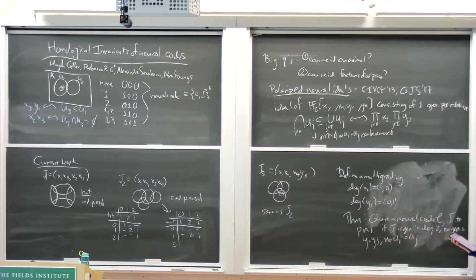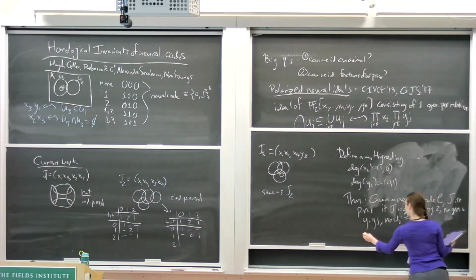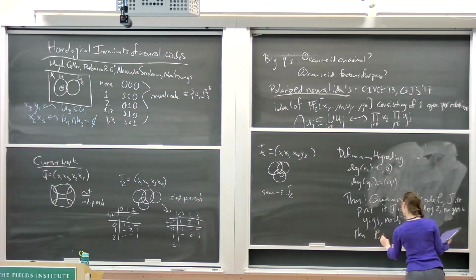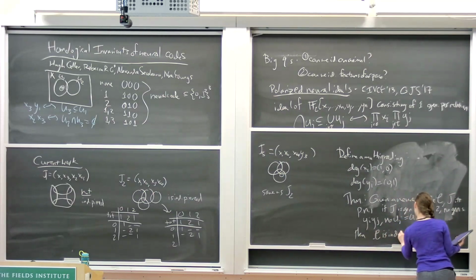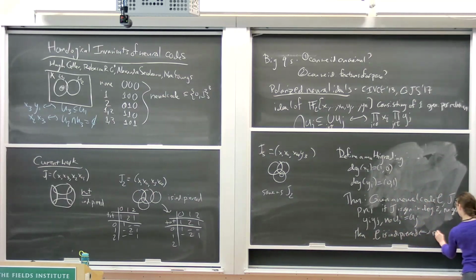If you have that, you can just remove one. Then C is inductively pierced if and only if the regularity of S mod J is 1.